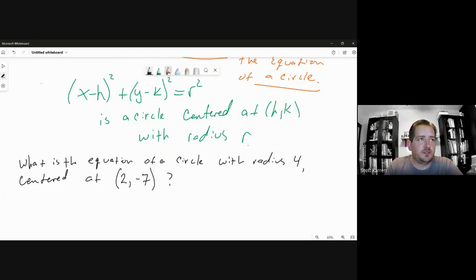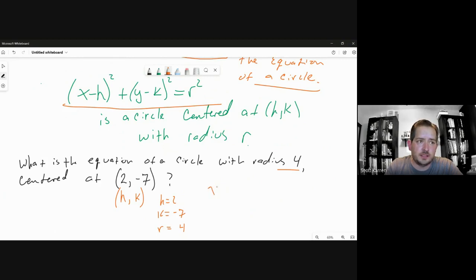Well, I just plug stuff in. This (2, -7) is my (h, k) value. So that tells me h is equal to 2, k is -7, r is 4. So I just plug those three values into this formula.